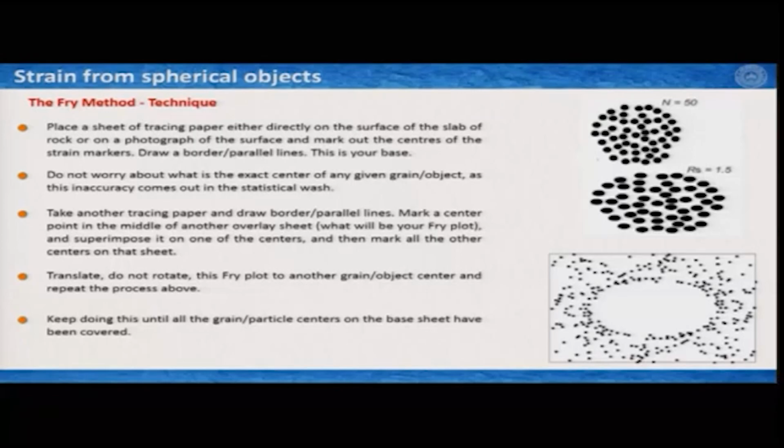So, you need 2 sets of tracing papers for that. The best idea is to take a photograph and have a printout, and on this printout you overlay a piece of tracing paper.